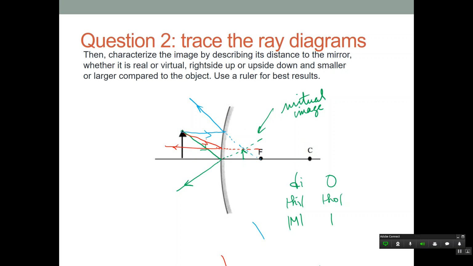So this is, what is VI compared to 0, HI compared to HO, absolute value, and the absolute value of magnification compared to 1. So for the first one, what do you guys think? Negative, it's smaller than 0. What about the height of the image compared to the height of the object? Small.